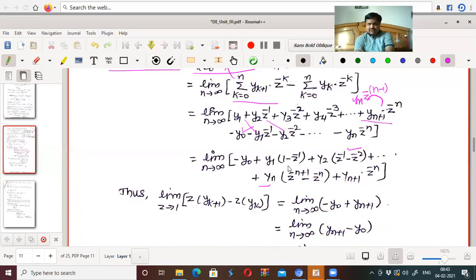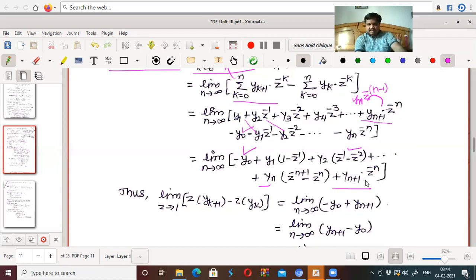Now as z tends to 1, this 1 by z goes to 1, 1 minus 1 goes to 0. If this is 1, 1 to the power minus 1 is 1, 1 to the power minus 2 is 1, so this will be 0 again. Up to here, it will be 0. Therefore, limit as n tends to infinity, minus y0 plus yn plus 1 z to the power minus n.